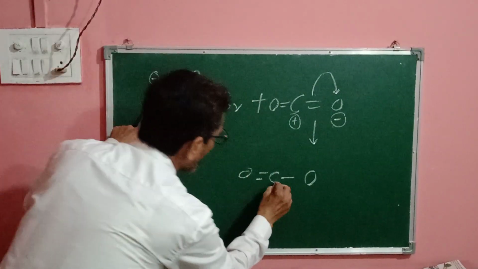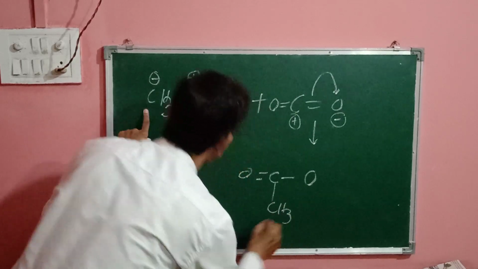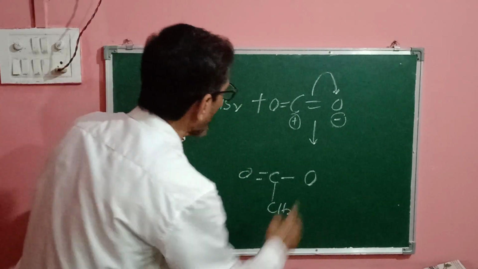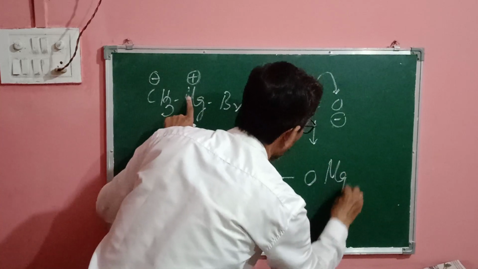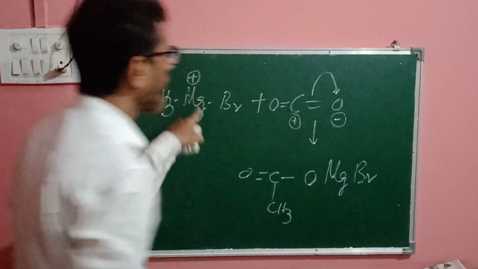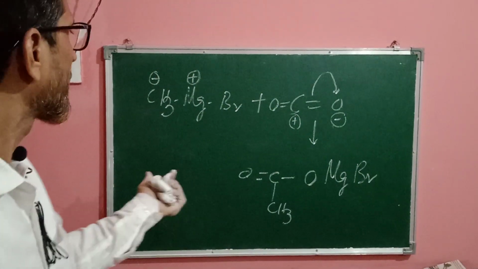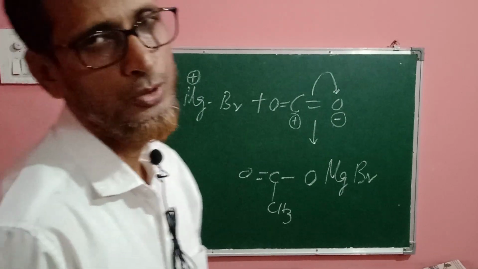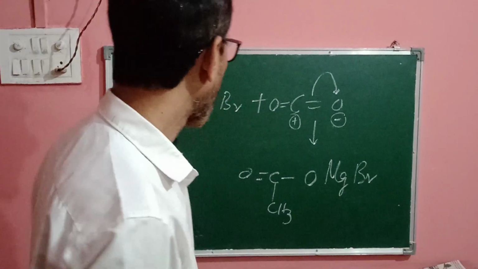CH3 is negative. The negative part will get attached with the positive part, and the positive part with the negative part. If you don't follow this, it's totally impossible for you to get the correct answer.